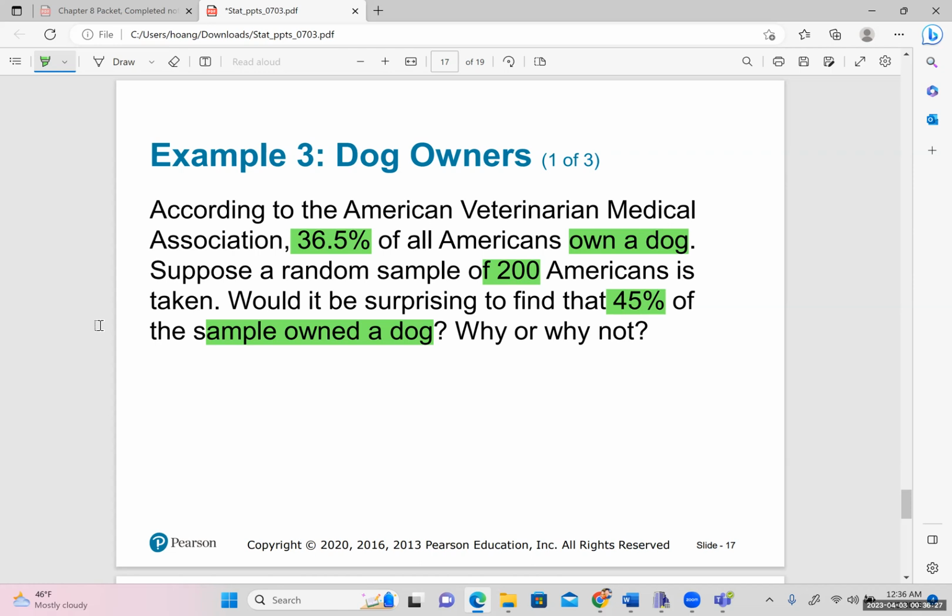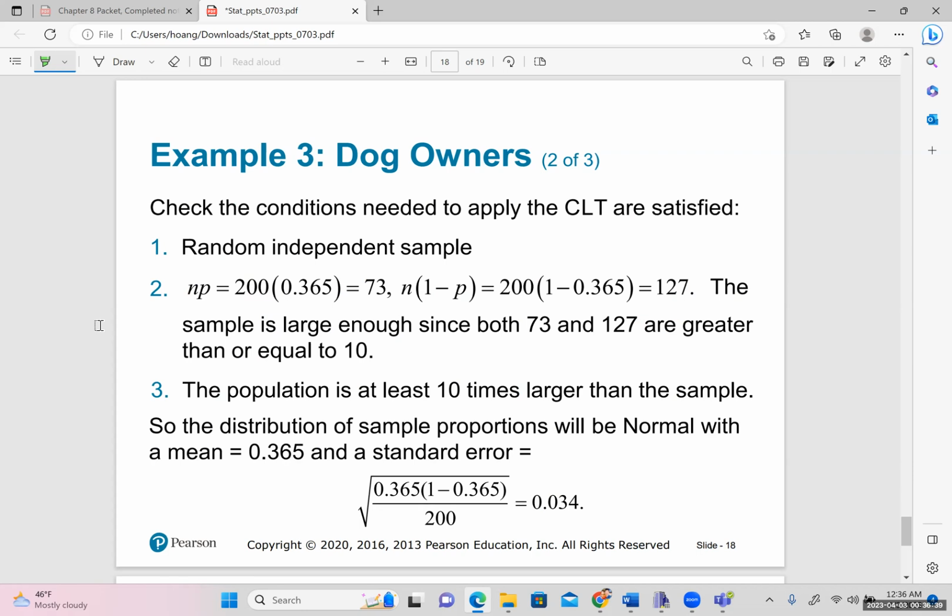Okay, so let's see. You can go ahead and pause my video, and when you're done, go ahead and click continue. Okay, so now check if it satisfies the CLT. As you see, it's always going to be a random, independent sample, so good. You check np and n times 1 minus p are both greater than 10, so that's large enough.